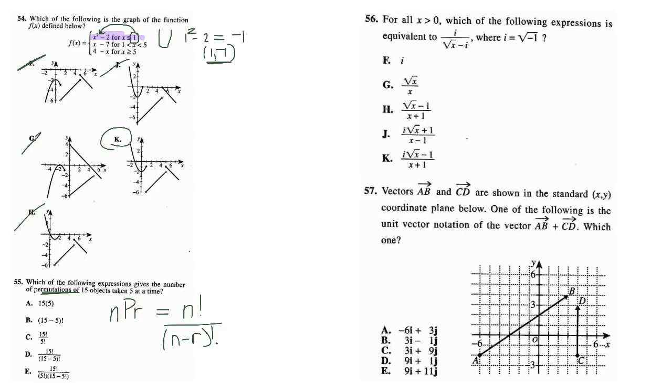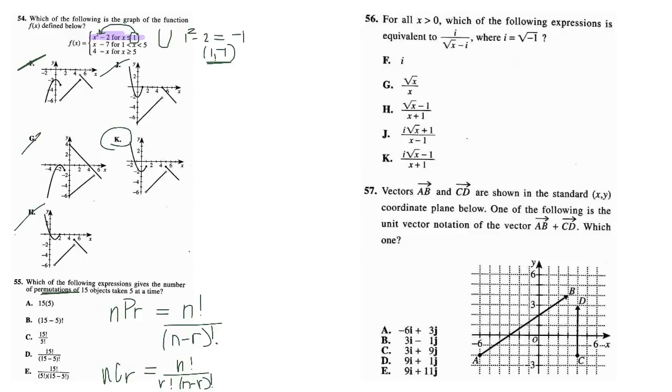Now, if it had said combinations, you would still have n choose r, but that formula is a little different. It's n factorial over n minus r factorial, but it's also times r factorial. That would have been if they had given you combinations.